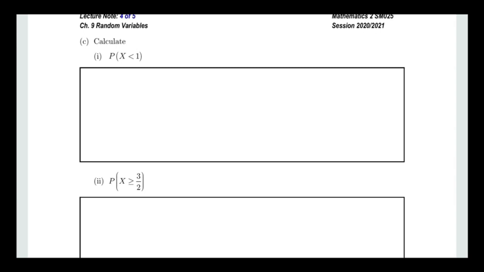Okay, the next part, C. The question asks to calculate the probability for x less than 1.